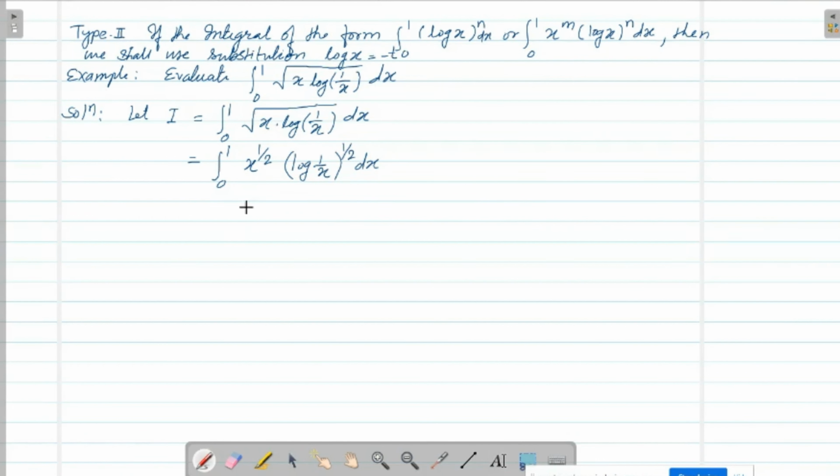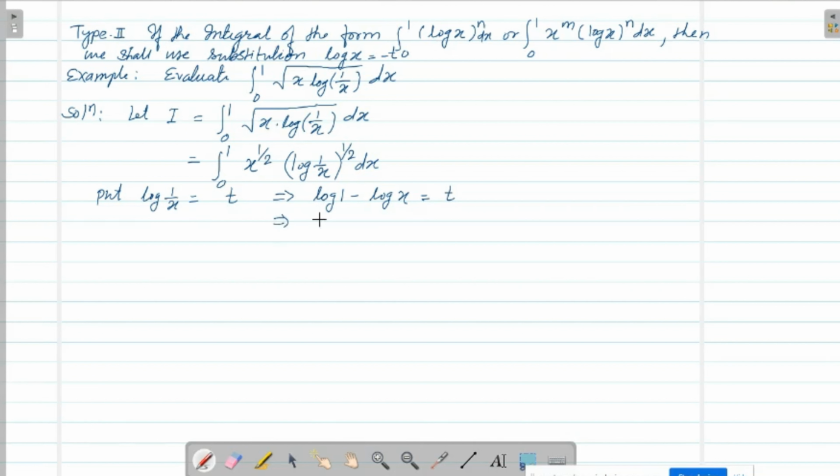So for this we will put log of 1 by x equal to t. Breaking it up, this is log a by b, so we write log a, that is log 1, minus log b, where log b is log x, and this equals t.